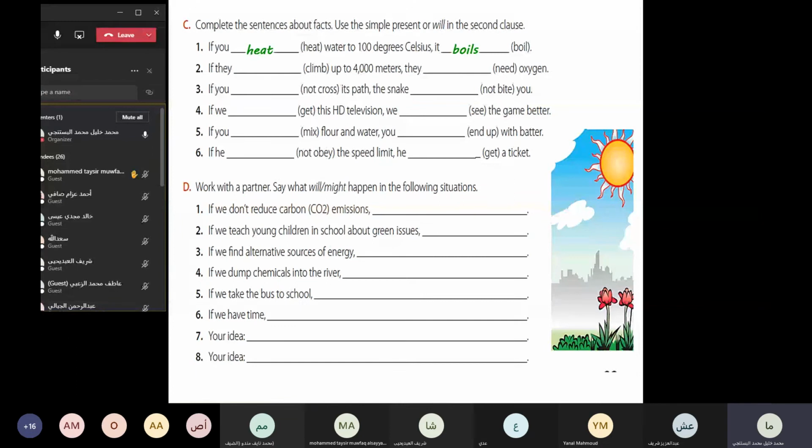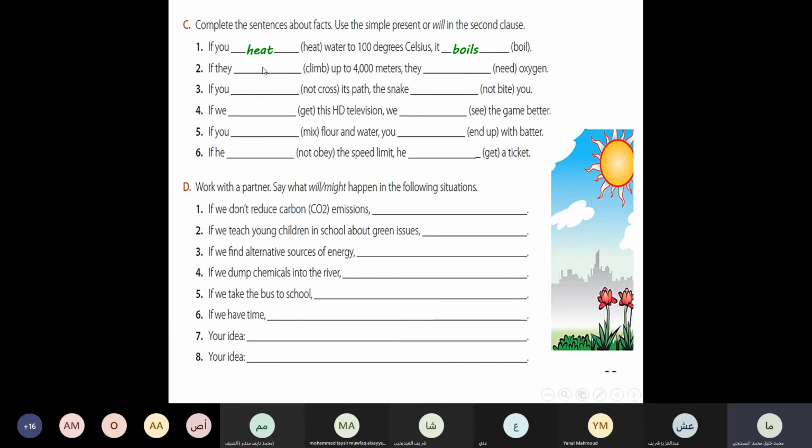So this is what will come true. It is true all the time. So we use climb. Here we have what? Will need. Do not use will need. Use need. They need oxygen because it is a fact. It is true. Is it clear, guys?